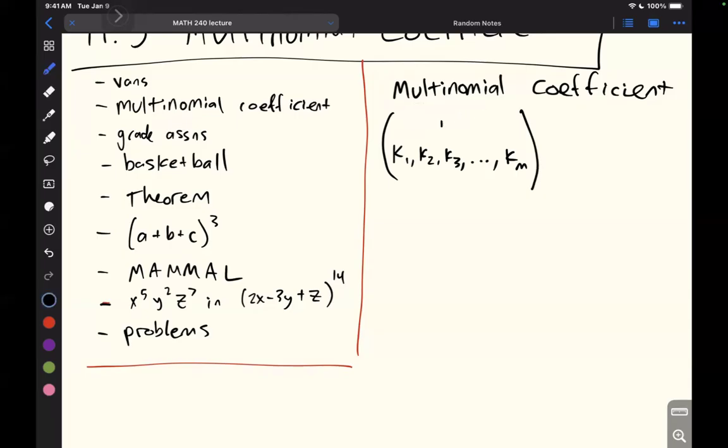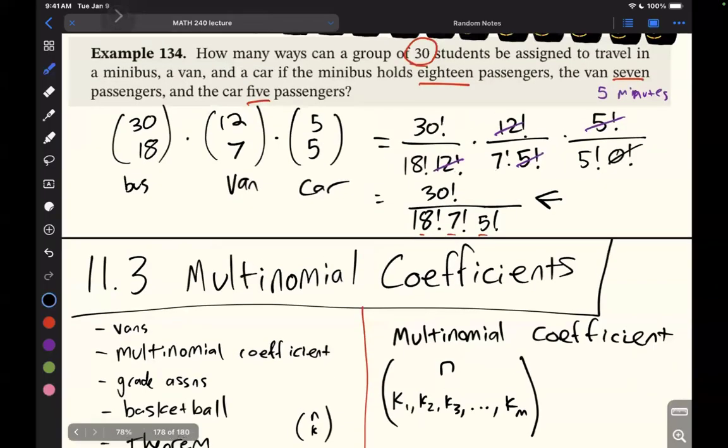It's the same n choose whatever format, and just on the bottom, instead of something like n choose k, we just have numbers separated by commas. So for example, this is actually 30 choose 18 and 7 and 5. That's how we write that.